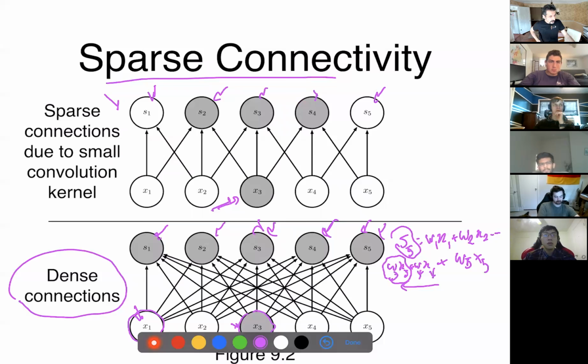Why is it important? Why do you think it might be important to have this? Well, I know for one reason, computationally speaking, it's just more intensive to compute for all of the nodes. Yeah.